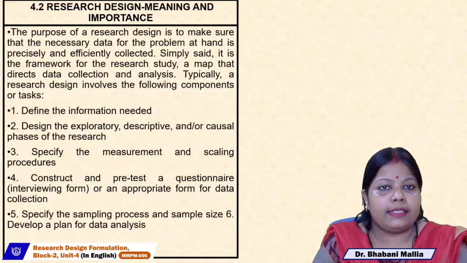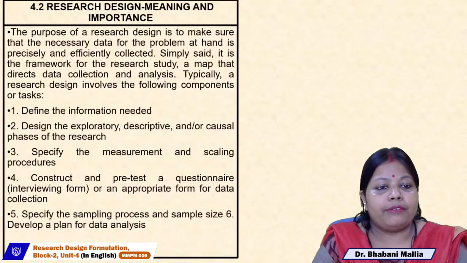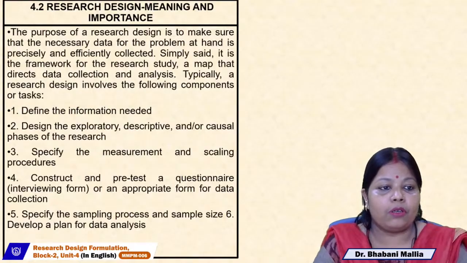Under research design, meaning and importance, which is the second part of this chapter, we can discuss how to define the information needed and design the exploratory, descriptive or causal phase of research.